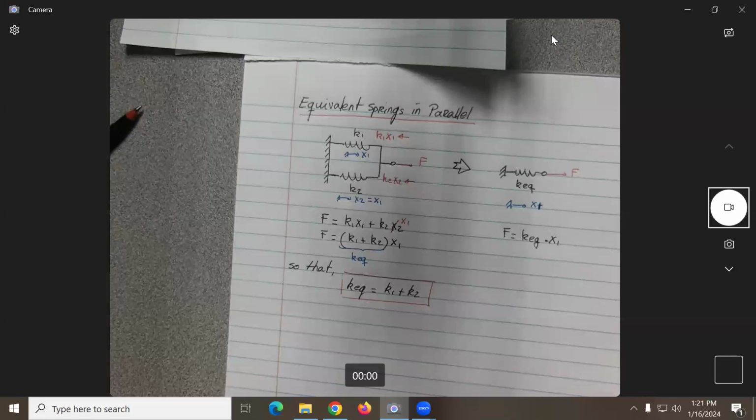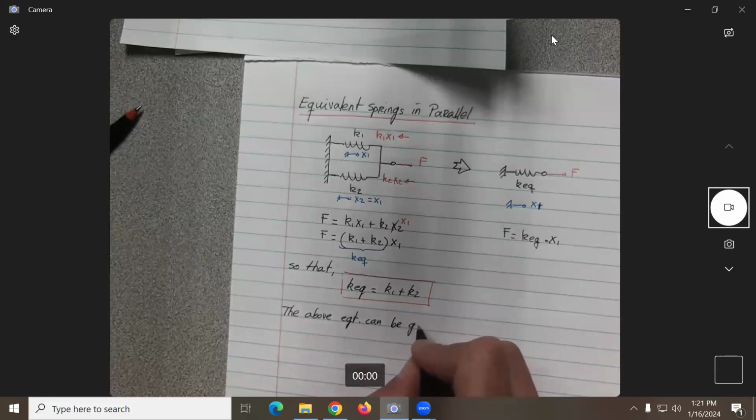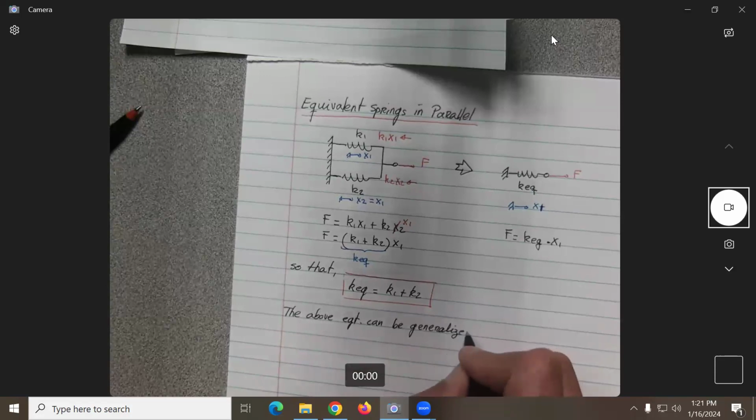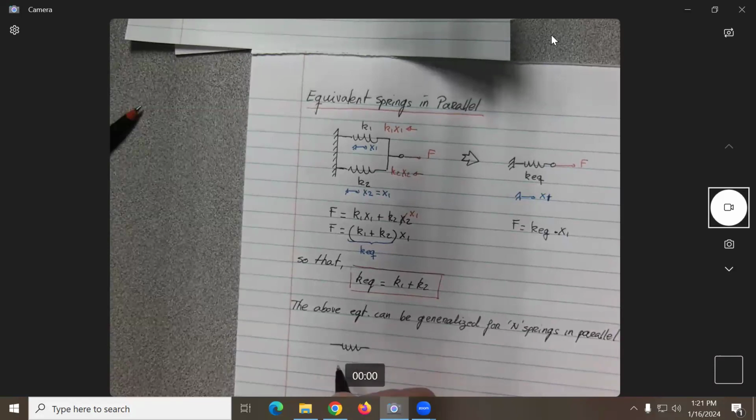Okay. Or we can say the above equation can be generalized for n springs in parallel, K1, K2, K sub n.